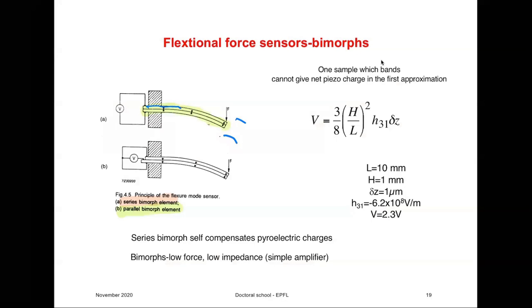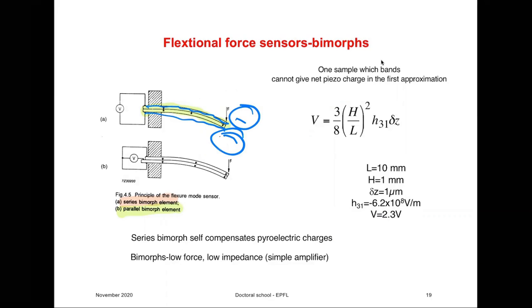This one will be under tension, and this one will be under compression. So the charge here and here will not be the same, and you will have a net voltage, net current, net charge in the circuit.